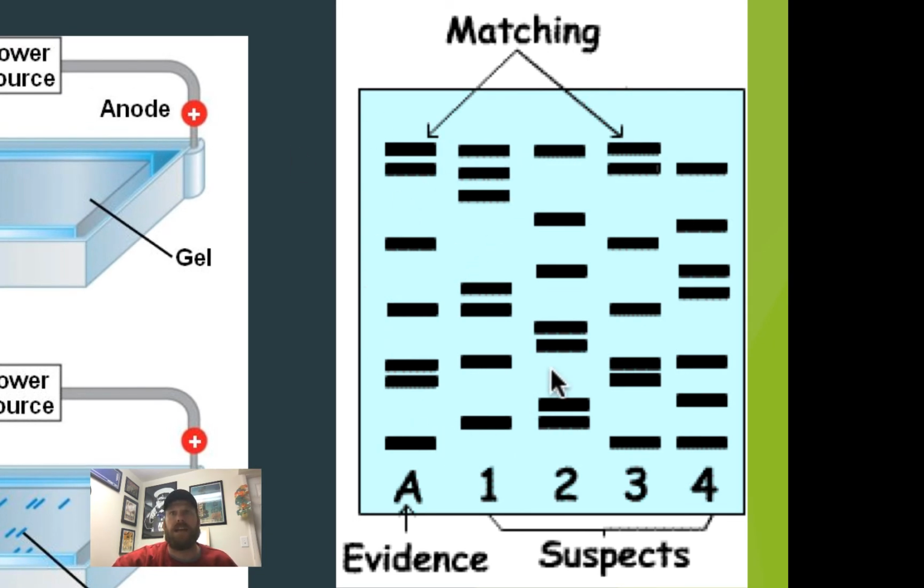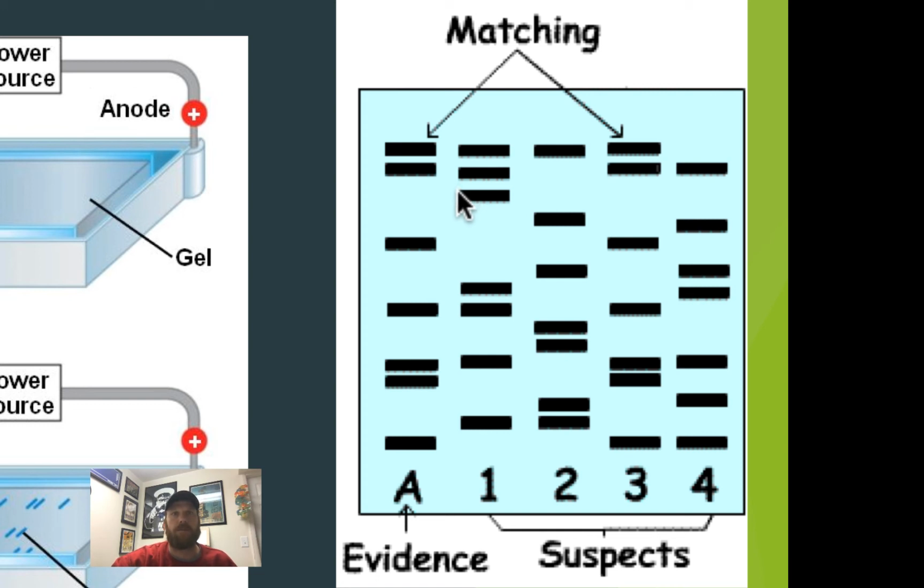Now let me explain this gel to you. The first column of black bands represents the DNA found at a crime scene. The next 4 columns of black bands are DNA from each of 4 different suspects. All the DNA samples were treated with the same restriction enzyme and ran through the process of gel electrophoresis.